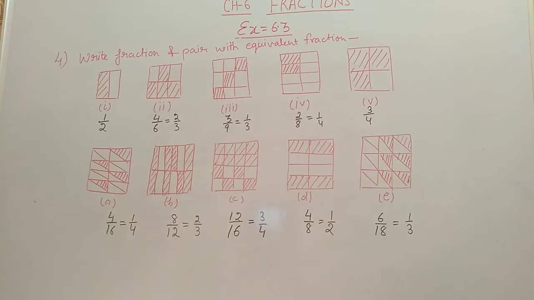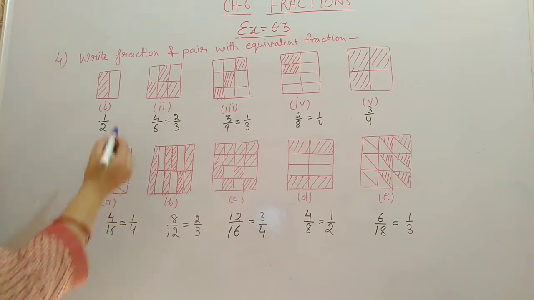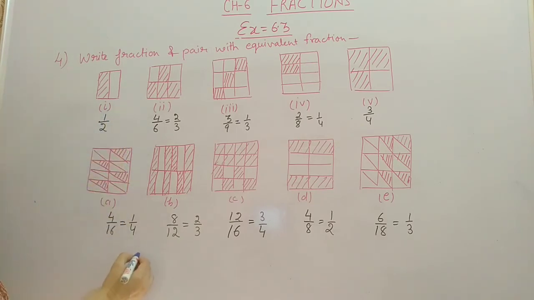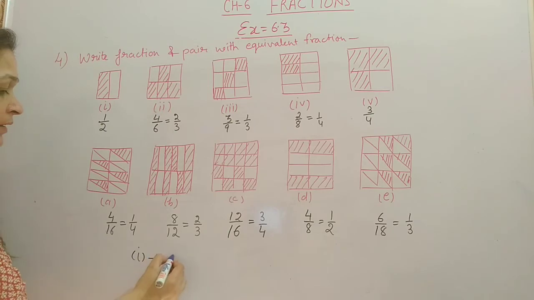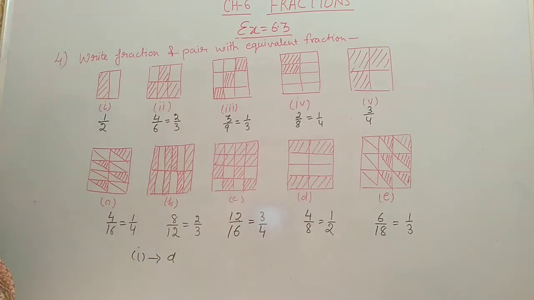After this we have to pair with equivalent fractions. Means from here to here, this second part. So you can see one is paired. This first part is paired with D. It is coming half and this is also coming half.